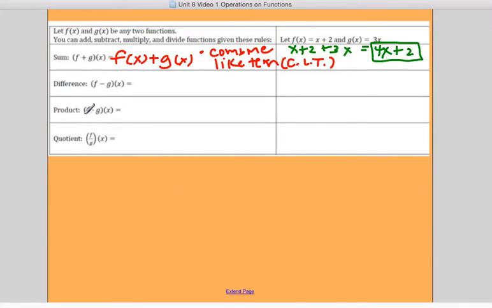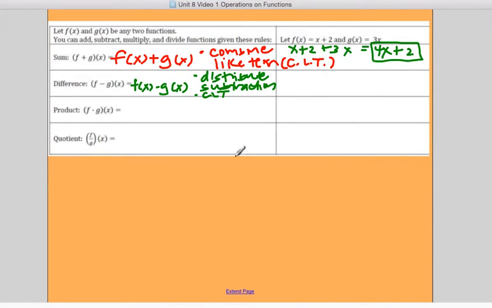Difference, subtraction. If I have f minus g of x, it's really f of x minus g of x. So what we need to do is distribute subtraction. And then you would combine like terms.